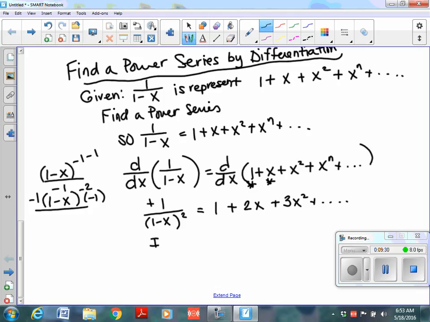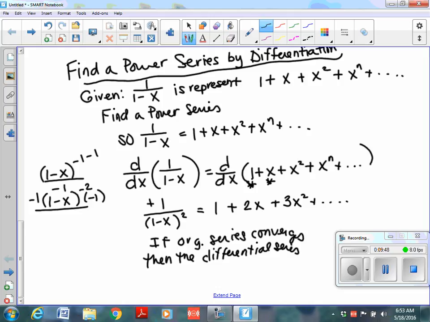If the original series converges, then the differentiated series also converges. Okay, so let's go back to this right here.